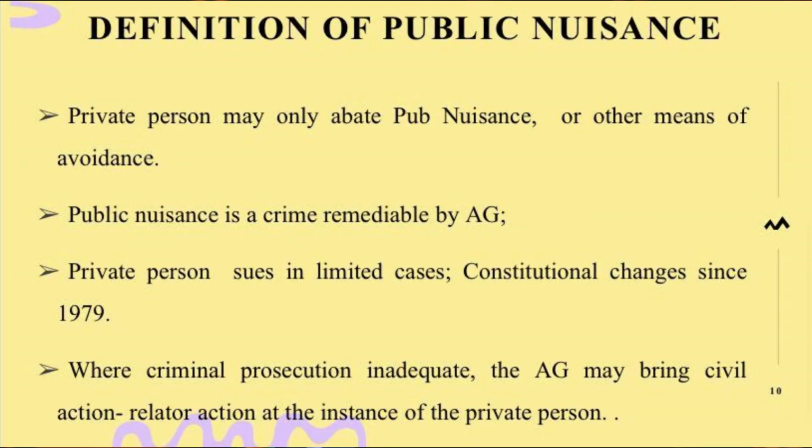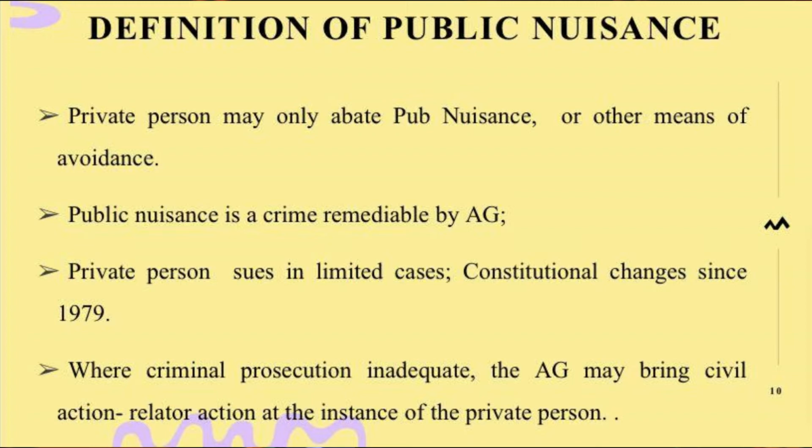Public nuisance, and this must be clearly emphasized, is actually a crime. It's an offense. And the power to litigate it is located in the Attorney General. It's a crime against the state because it's something that affects the general public.